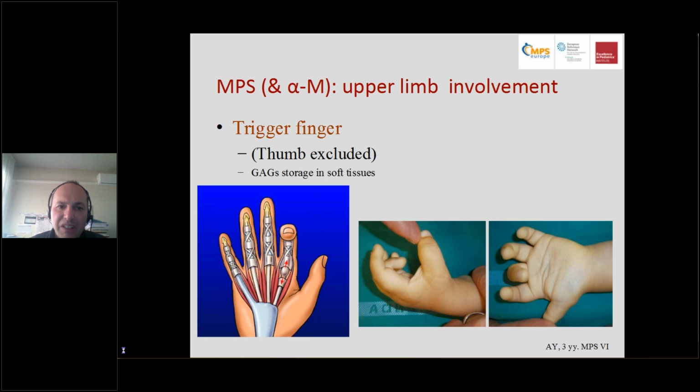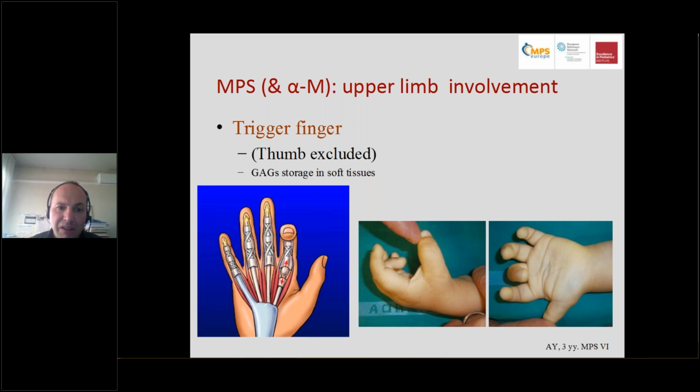And what about the trigger finger? The trigger finger can be present in a child without any metabolic disorder, but generally it is the thumb. We can observe a trigger thumb in a healthy child, usually between age 2 and 3.